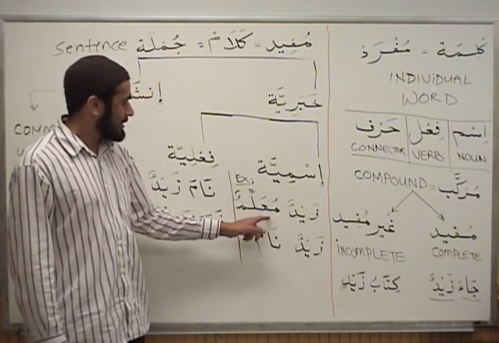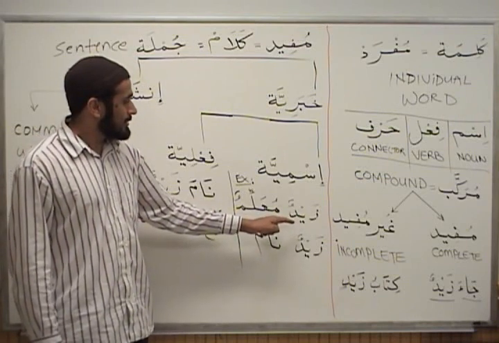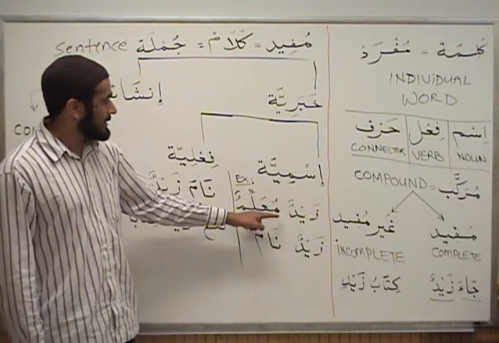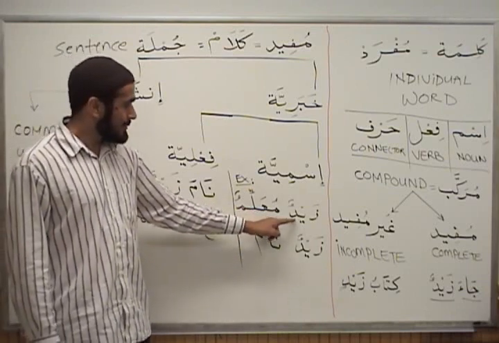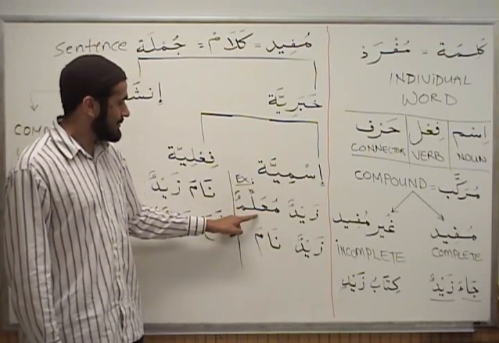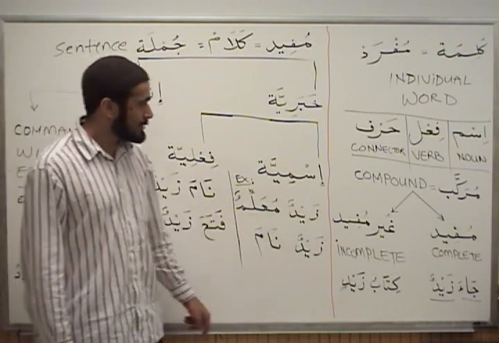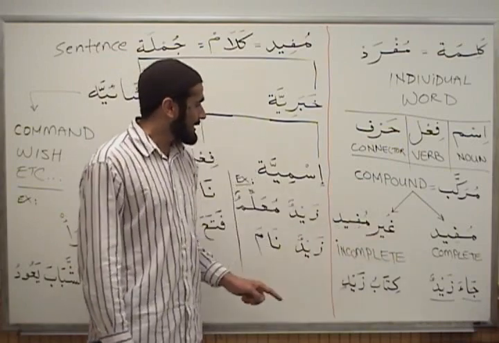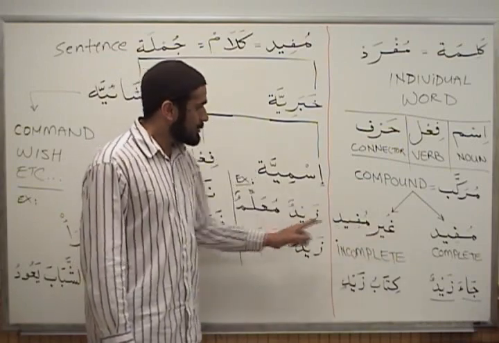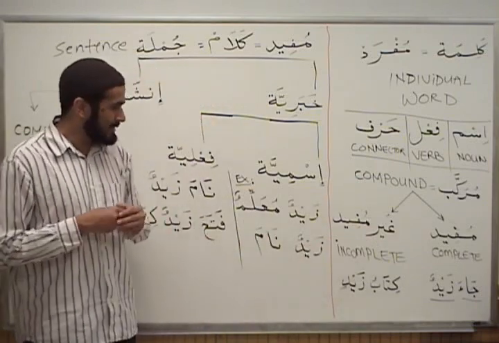Zayd is a teacher. So this, first of all, starting from the very beginning, is a murakkab. It's a compound because you have an ism and another ism. So it's a combination of two isms. That's why it's a compound. Is it mufid or ghayr mufid? It happens to be mufid because Zaydun muallimun, Zayd is a teacher, conveys a complete meaning.